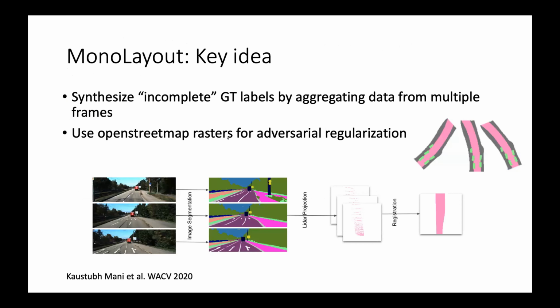So the key idea in this is, first, we generate incomplete or partial, weak ground truth labels by aggregating data from multiple sensor frames. So you have a car that's moving, so you can take lots of LiDAR scans and then segment each scan and merge them.